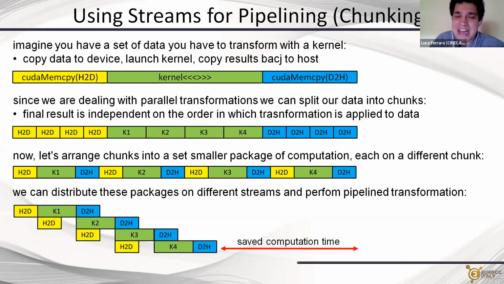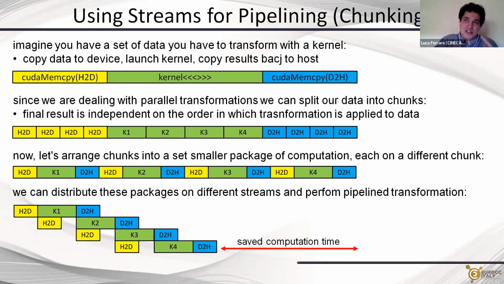But as soon as stream 1's streaming multiprocessor resources are freed up, stream 2 can launch its kernel.